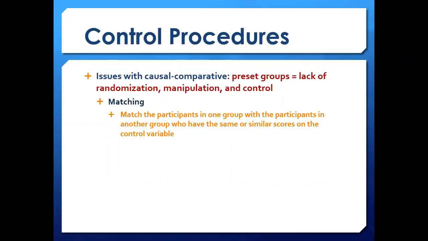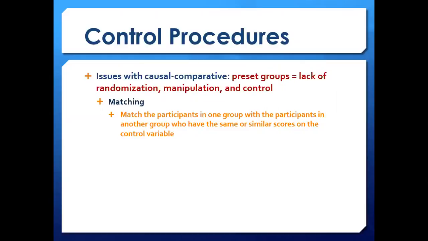Again, this is stuff that's already occurred. If in group A, you have a student who has an IQ of 140, you should try to make sure that in group B, there is also a student who has an IQ of 140. And you're actually going to try to match up all the participants so that the extra factors or variables aren't going to be at play as much as the one that you want to look at.